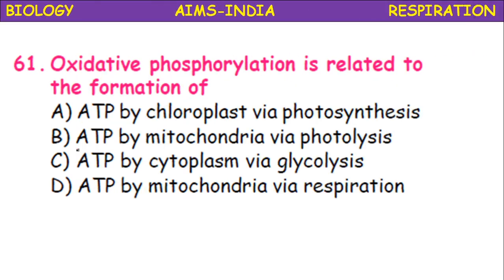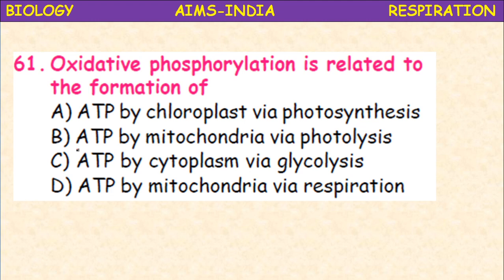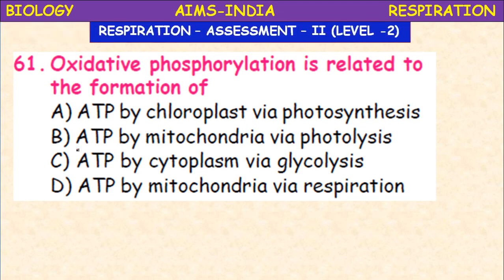Next, oxidative phosphorylation is the formation of ATP by chloroplast via photosynthesis, ATP by mitochondria via photolysis, ATP by cytoplasm via glycolysis, ATP by mitochondria via respiration. So which one is the correct one?